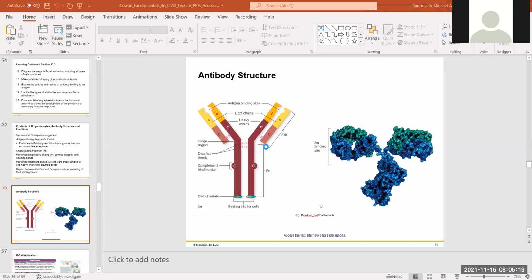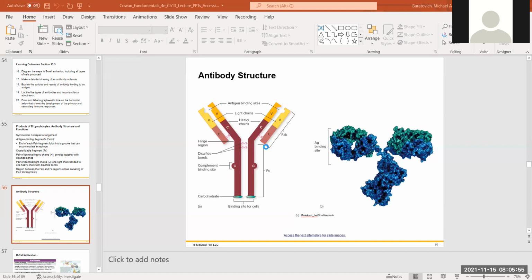The profile of cytokines that it secretes will cause it to isotype switch, and depending upon which profile of cytokines it makes, that will essentially determine what type of secondary antibody it makes. So two of those cytokines that it shows here, interleukin-4 will have a tendency to cause the B cell to secrete IgE antibodies.